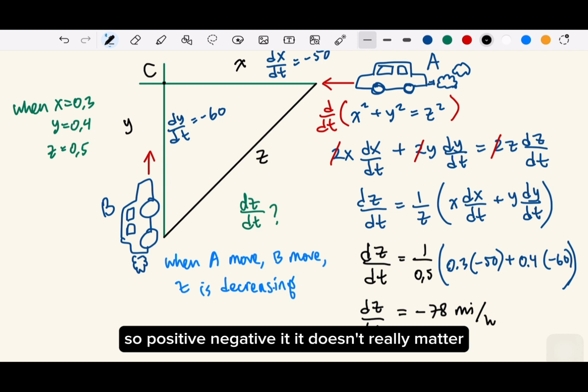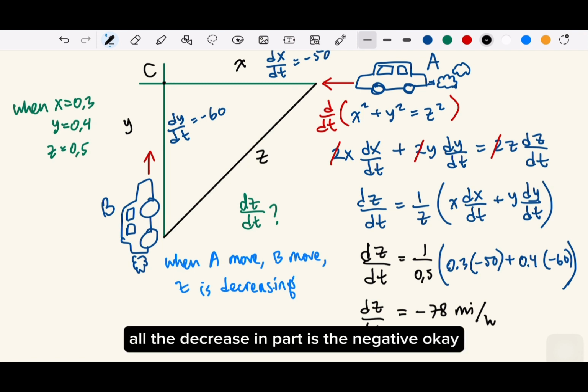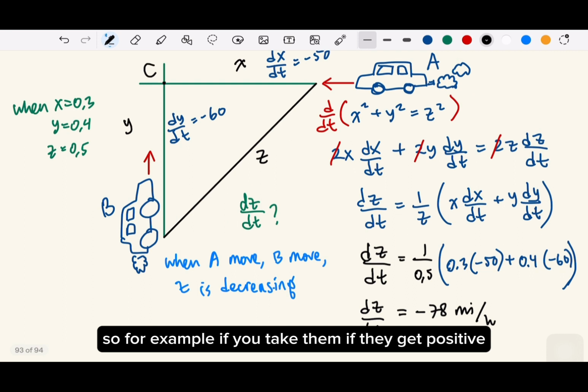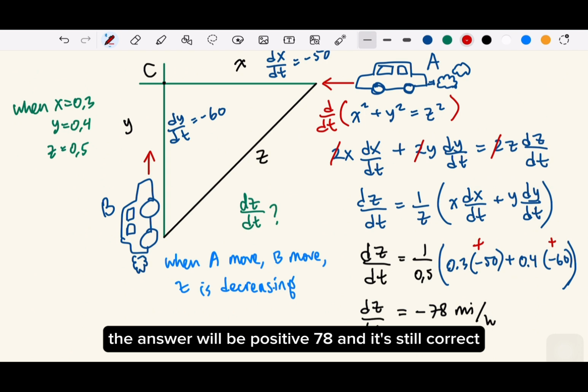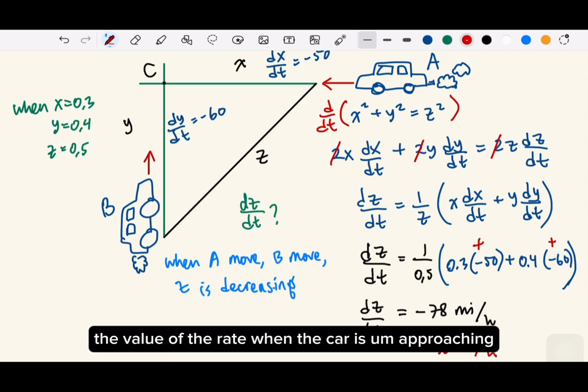So positive, negative, it doesn't really matter, as long as you know the consistency and the conclusion of your results. I'm writing negative because I want to make sure that all the decreasing part is negative. So for example, if we take it positive, the answer will be positive 78. And it's still correct. It's still the value of the rate when the cars are approaching.